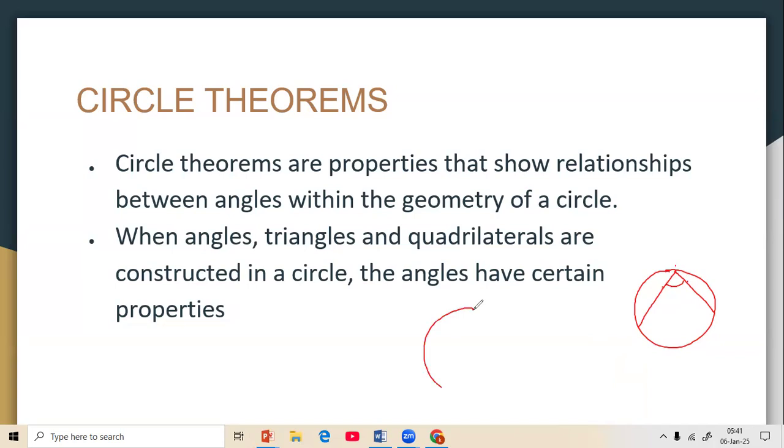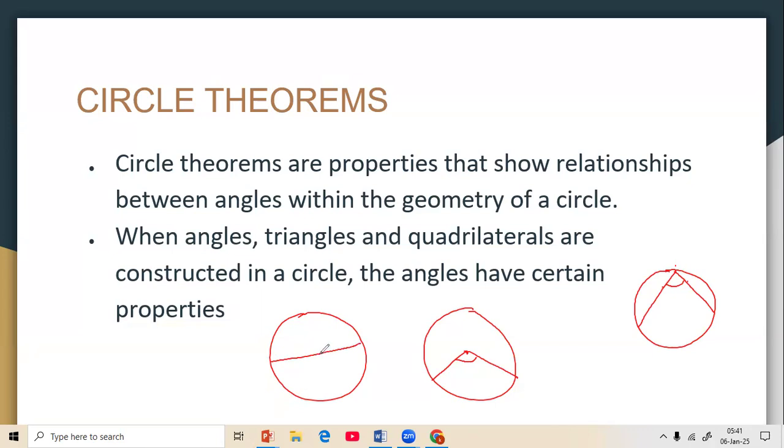I can have another thing: this is my center. When I join the radius and another radius, you are noticing that inside here, I'm forming an angle. But also you can notice that when I have this as my circle, I have this as my diameter.